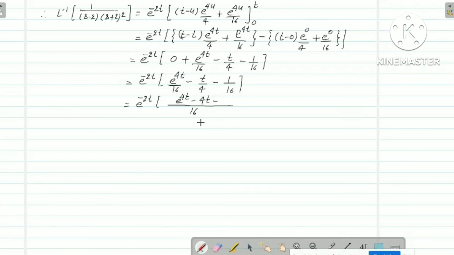And minus 16 divided by 16 is 1, and this becomes minus 1. So this equals 1 by 16 e raised to minus 2t, and in bracket e raised to 4t minus 4t minus 1. So this is your required inverse Laplace transform of the given function.